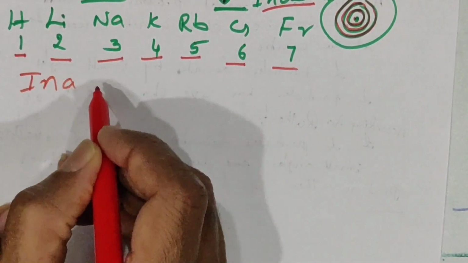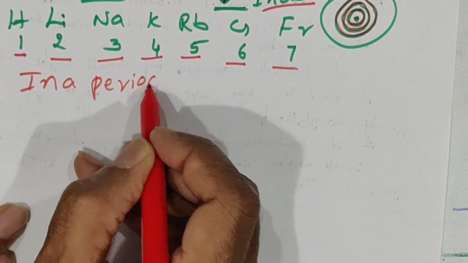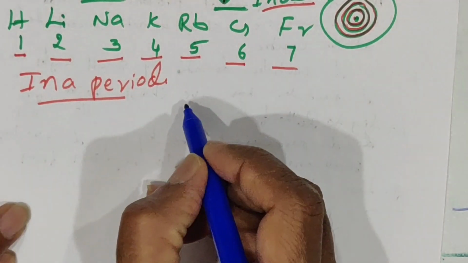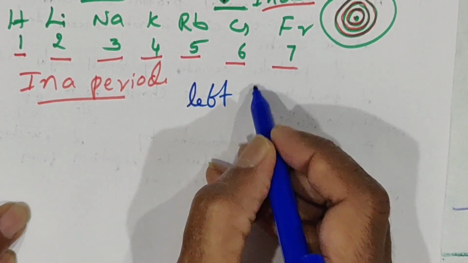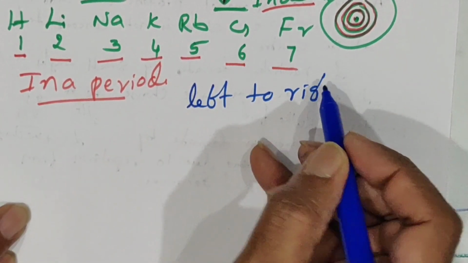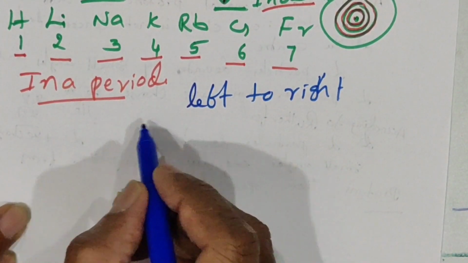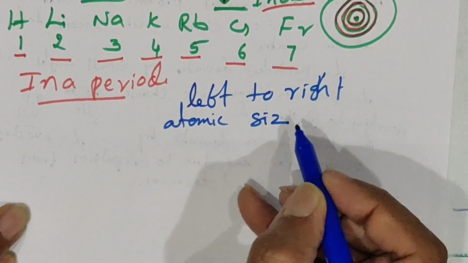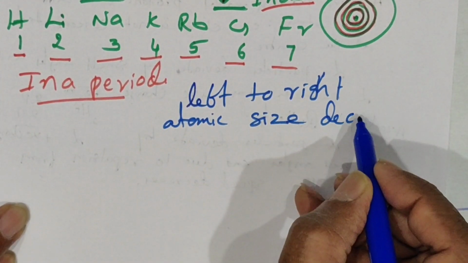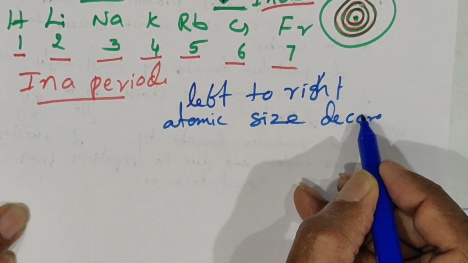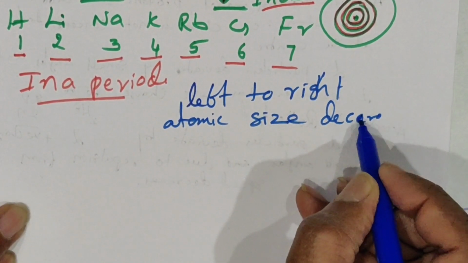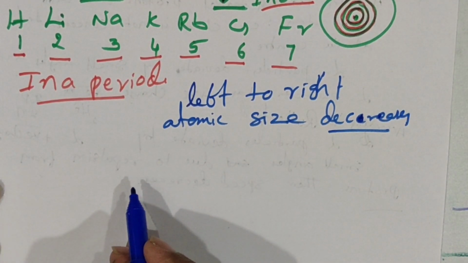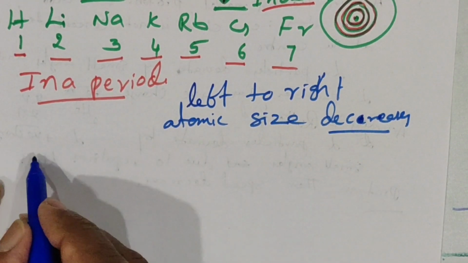In a period, from left to right, atomic size decreases. Atomic size decreases, and here is the reason. So you have to observe the second period.